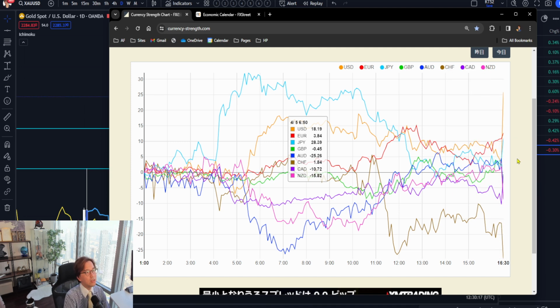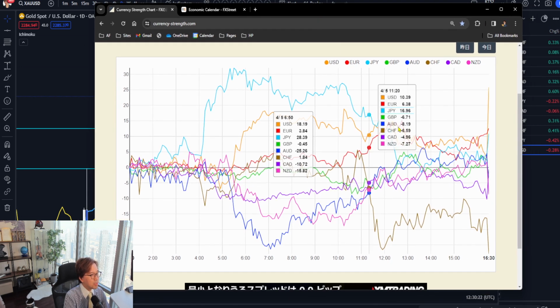Okay, so now, before I check the charts, let me just do this because I think the impact was really huge. So the currency strength chart actually moved, the initial movement. So now I can see that the USD is up, the orange USD is so much bullish, and the euro is also bought, and the JPY is also bought, and pound is flat.